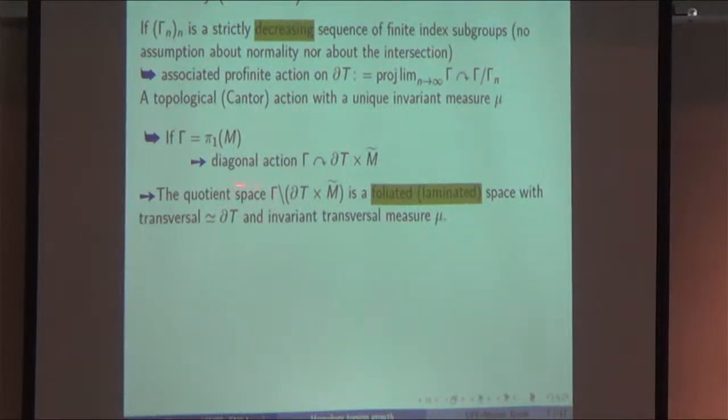And then you consider the quotient space. This quotient space is a foliated or laminated space with a transversal measure. Okay?